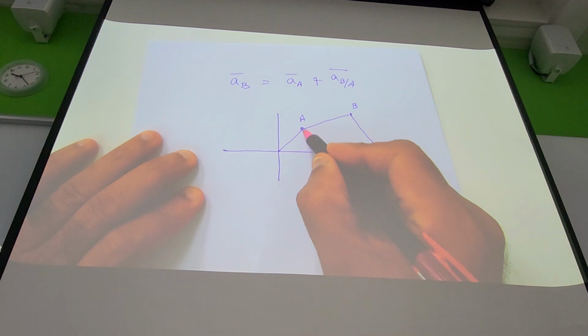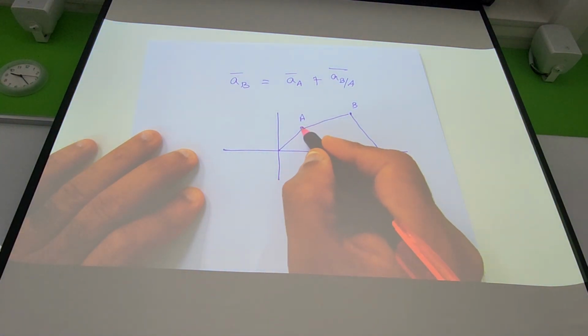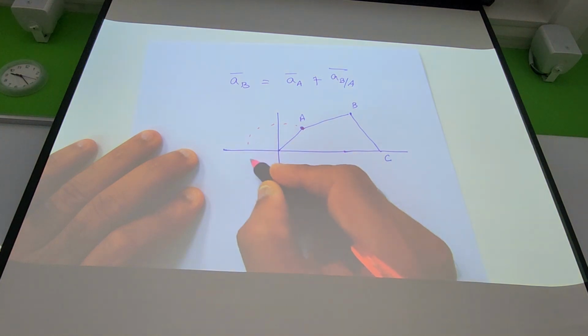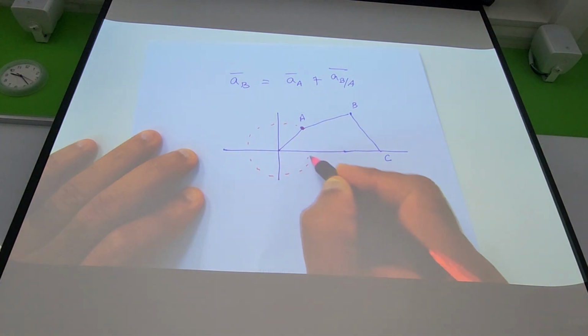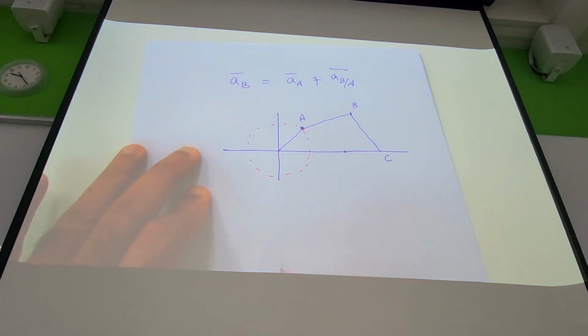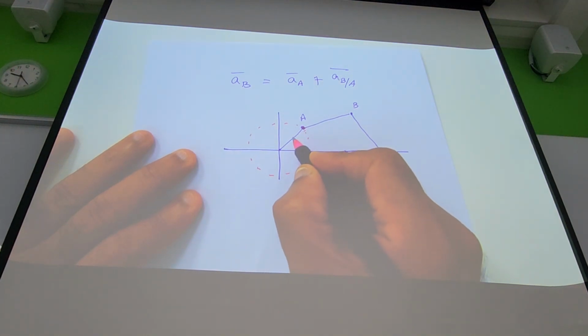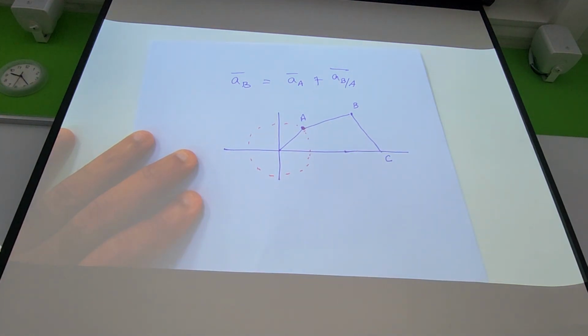Now for acceleration of A, this point can move in a circular motion like this. At this position, the acceleration will depend on the angular acceleration of the link.